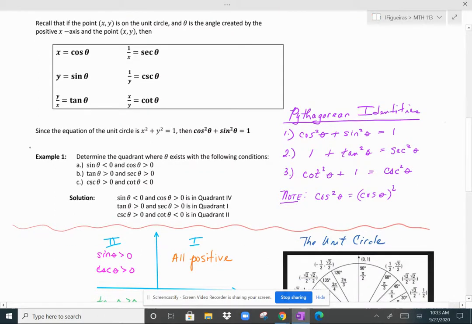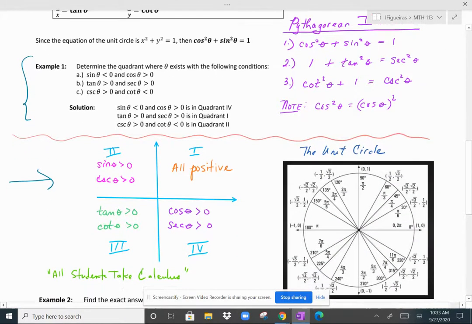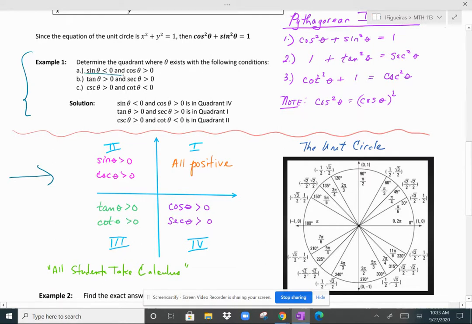So here in our first example, this really should be a review if you've done the other previous lessons. So we want to determine the quadrant where the angle theta exists given the following conditions. So it would help to refer to this picture here below. So where is sine of theta negative and cosine positive?